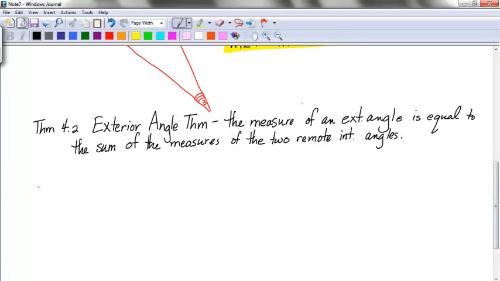Then the next thing the author goes through is the definition of what they meant by a corollary. It's spelled C-O-R-O-L-L-A-R-Y, a corollary.